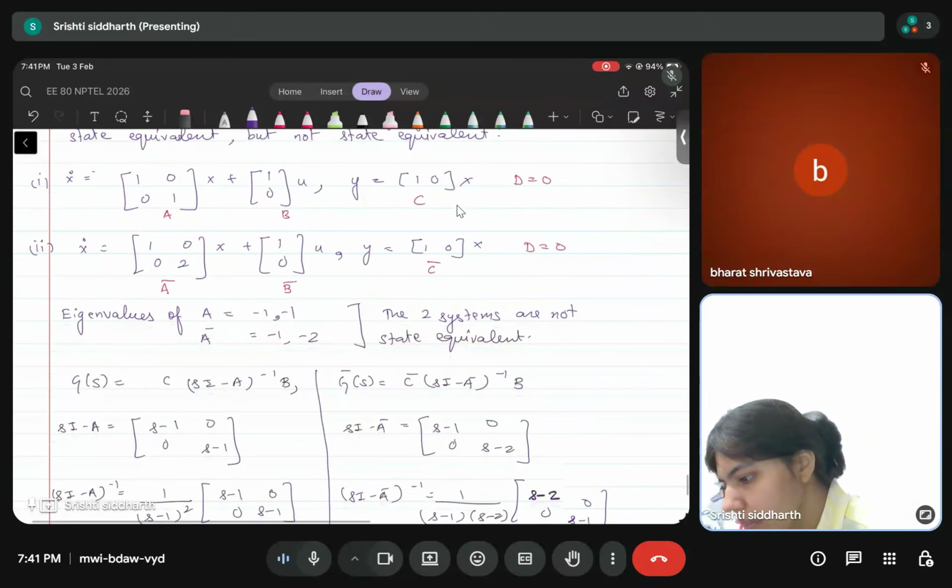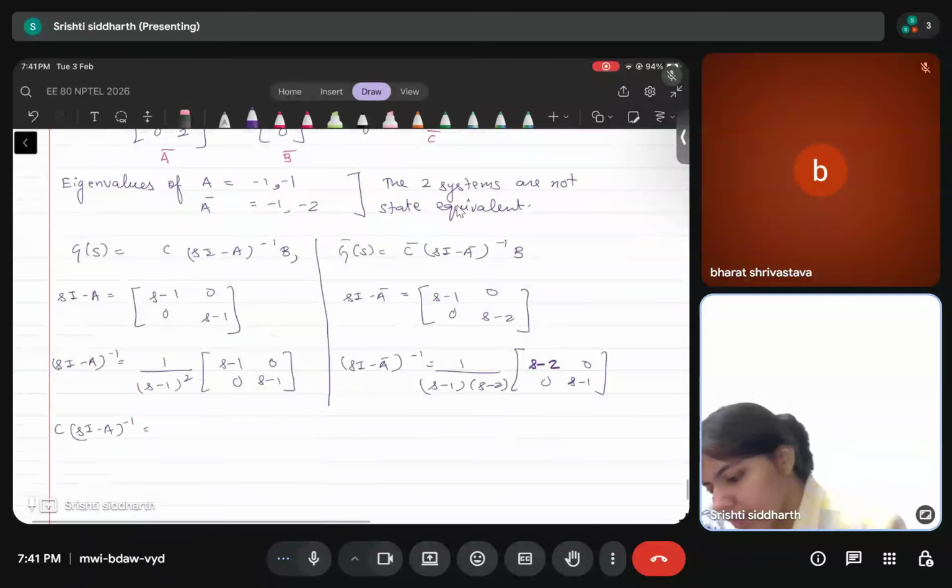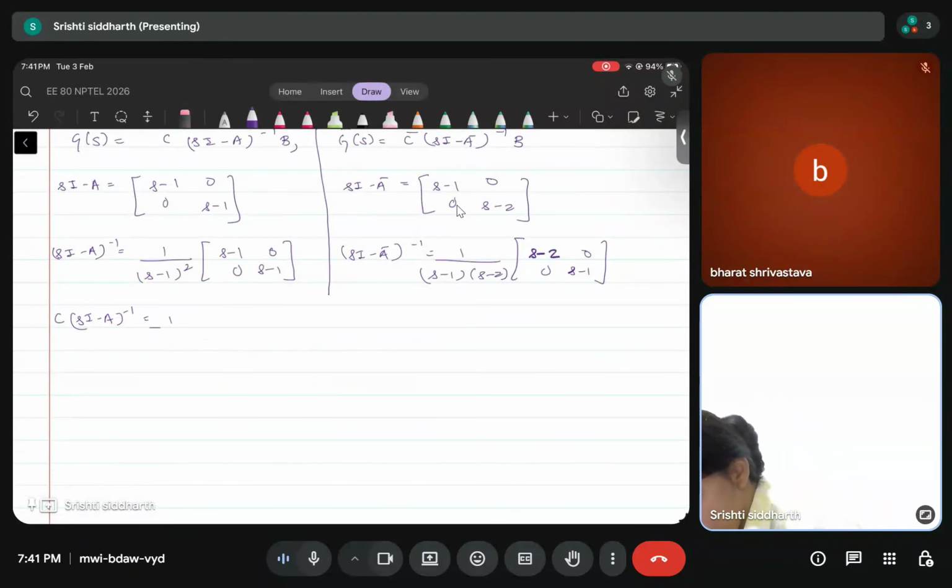So C is [1 0] in both the cases, for both the systems.